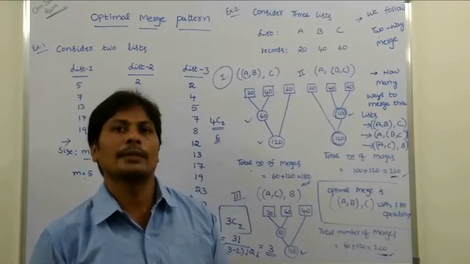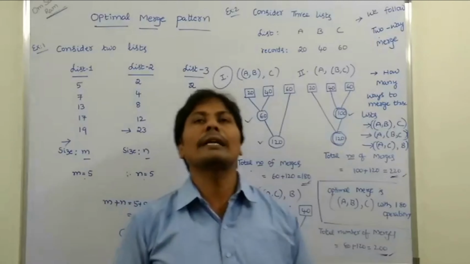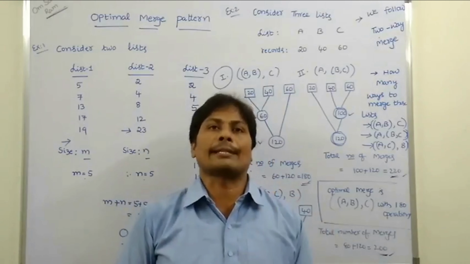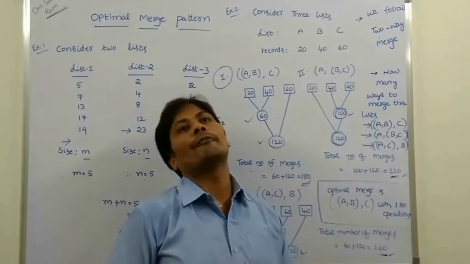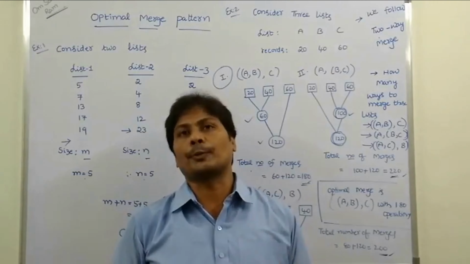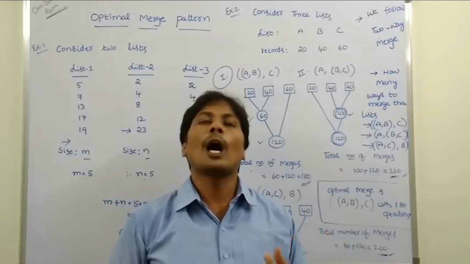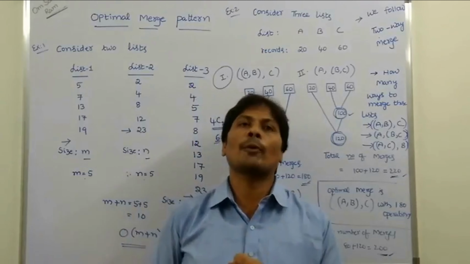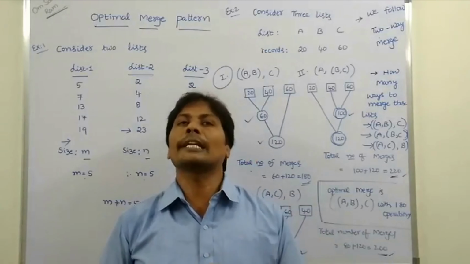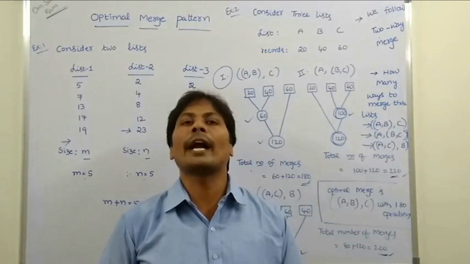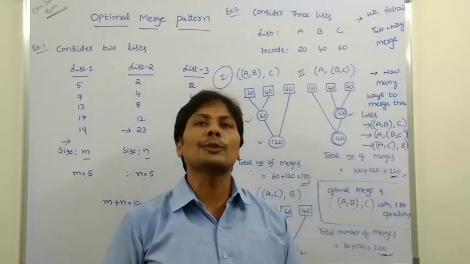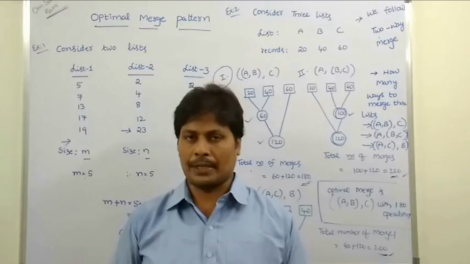Suppose the problem contains 10 lists. How do we find the optimal solution? That is 10C2, which is a large value. How many orderings are possible? 10C2 orderings are possible, so it is very difficult to find all orderings, and then it is very difficult to find the optimal solution.